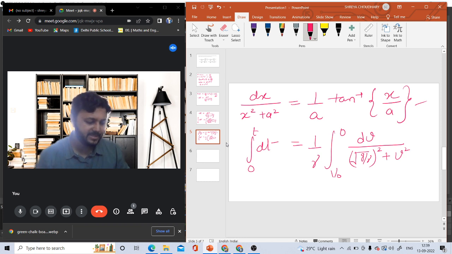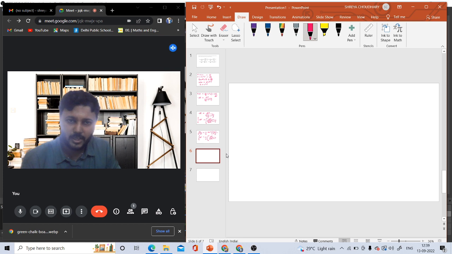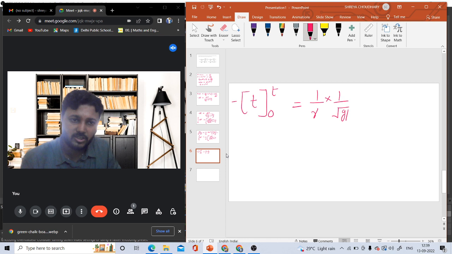Now, the integration of dt will be t, with a negative sign, from 0 to t, which equals 1 upon gamma, which we have already taken as common, into 1 upon a, where a means under root g upon gamma, tan inverse of x upon a, where x was your v, so v upon under root g upon gamma.